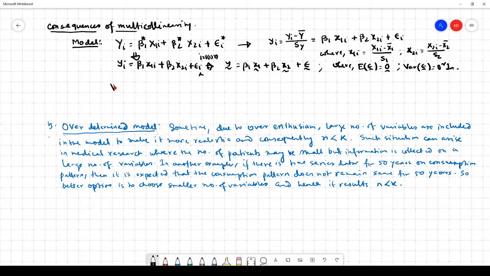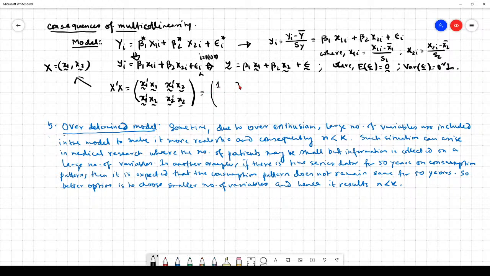Now the X prime X is x1 curl prime x1 curl, x1 curl prime x2 curl, x1 curl prime x2 curl, x2 curl prime x2 curl. So here X is the matrix whose first column vector is x1 curl and second column vector is x2 curl. Okay, so this should be 1.